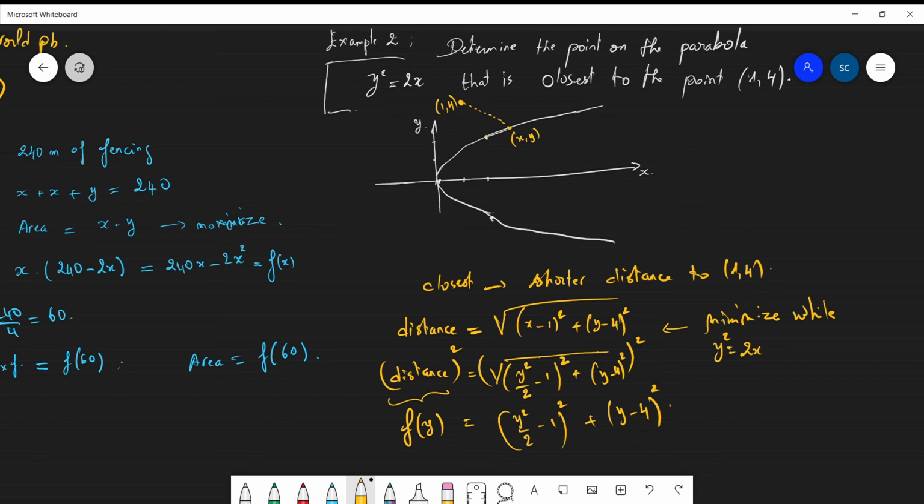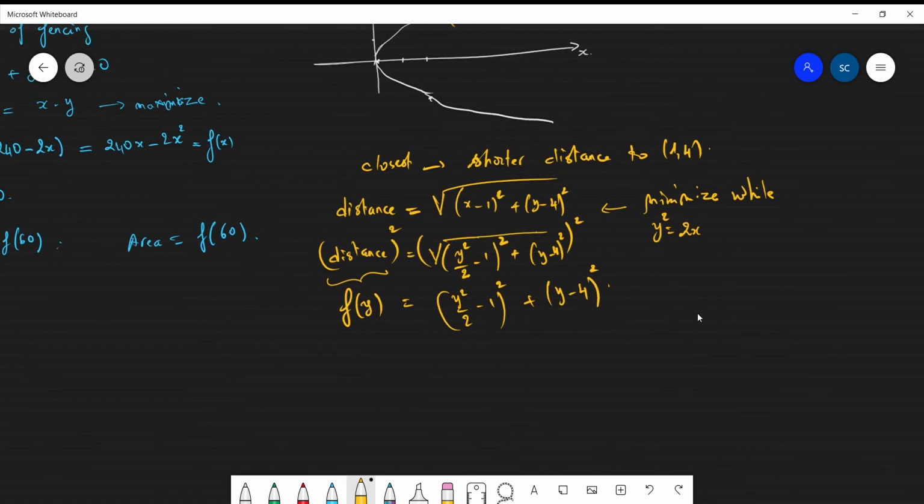Next step, we are dealing with a function of one variable. We know how to do it. Derivative: 2 times (y2 over 2 minus 1) times 2y over 2, plus 2 times (y minus 4). We need to solve this equation.